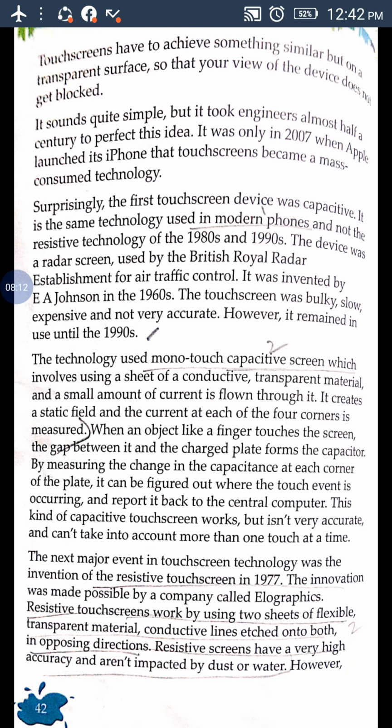Fixed terminal applications included industrial machine controllers, ATM counters which we are using now, and checkout devices.